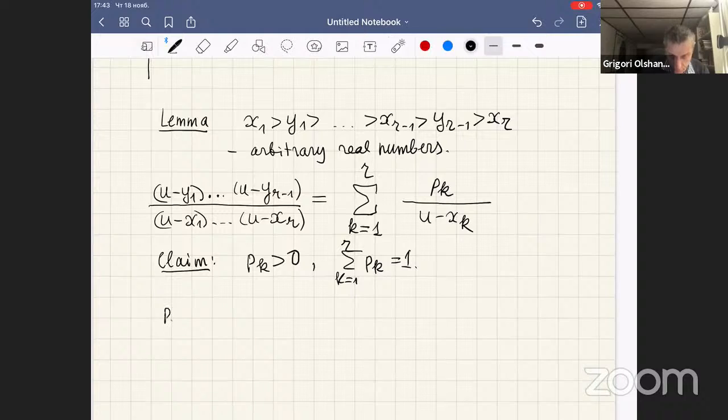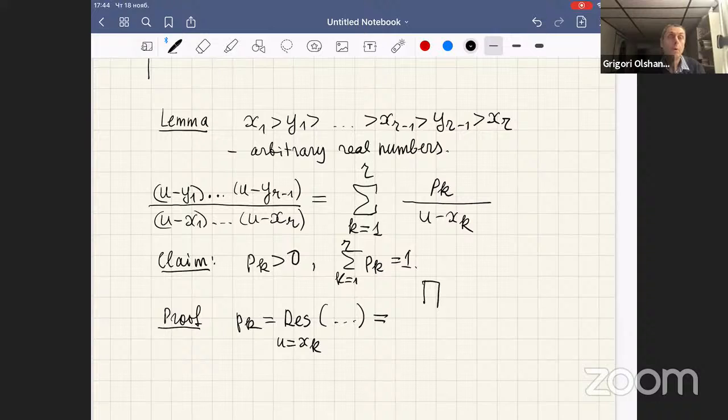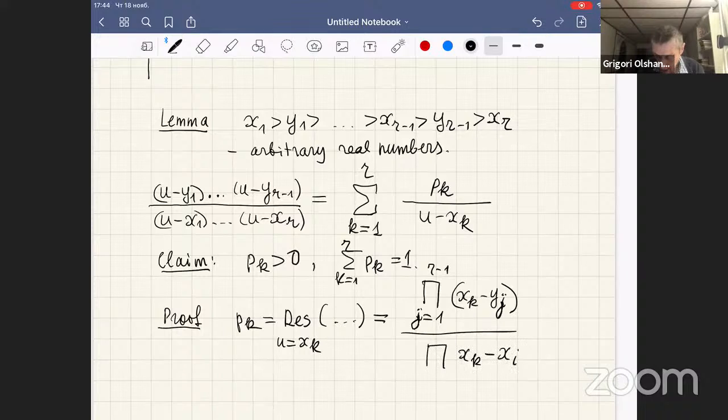The proof: p_k, given k, is the residue of our expression at u equal to x_k, and hence it's equal to the product over i from 1 to r of x_k minus y_i, divided by the product of x_k minus x_i, where i is distinct from k.